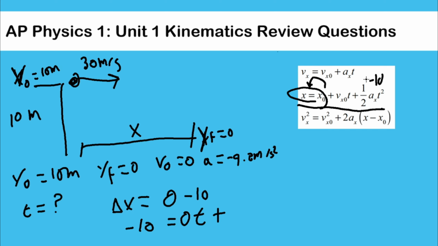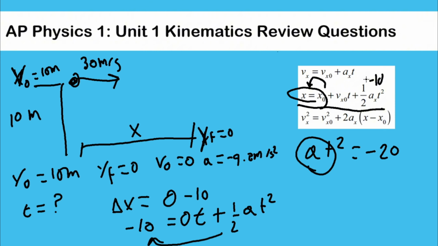So we have 0t, which is just 0, plus 1/2 at squared. So multiplying both sides by 2, we're left with at squared is equal to negative 20. Remembering that a is equal to negative 10, we divide both sides by negative 10. Right, we're left with t squared is equal to 2, right? And that t is equal to square root of 2.